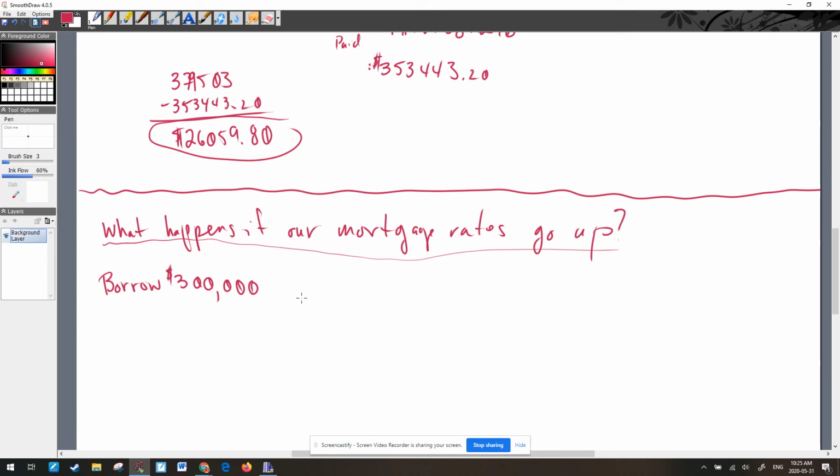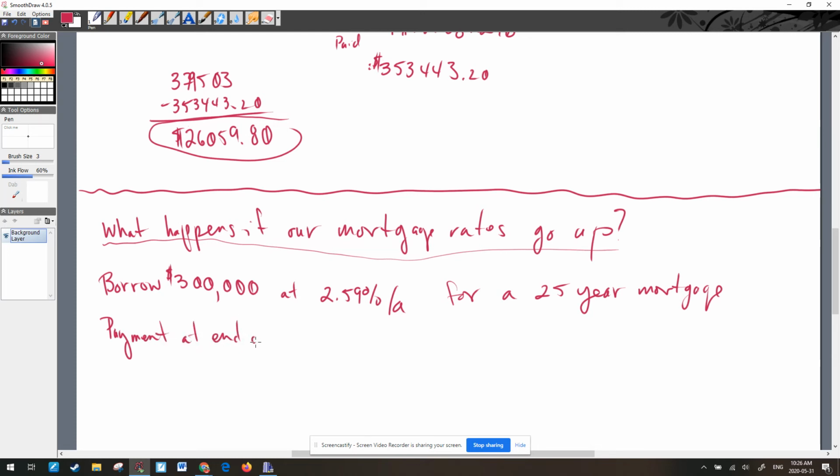So we're going to borrow $300,000 at currently mortgage rates are about 2.59% in that region per annum for a 25-year mortgage. Okay, so we got a 25-year mortgage at 2.59% per annum, and we're going to make payments at the end of the month. And we're making monthly payments.